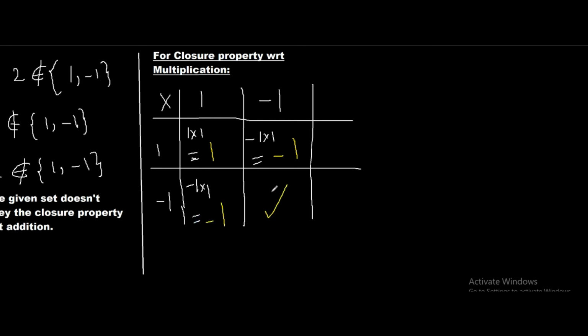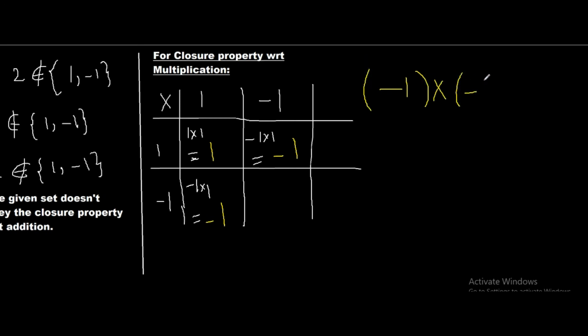While in the fourth box, the horizontal row input is -1, while the vertical column input is also -1. So you will be having -1 multiplied by -1, which is equal to what? On the rough side I am doing it here.